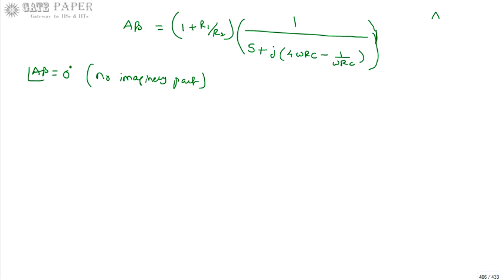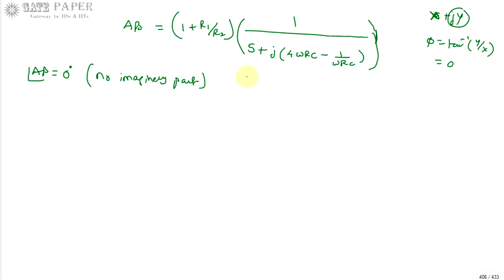If you have X plus jY, the phase angle is tan inverse of Y by X, and this will be 0 when the j term is 0. So you must make the j term 0.